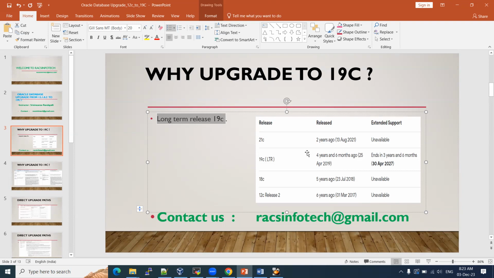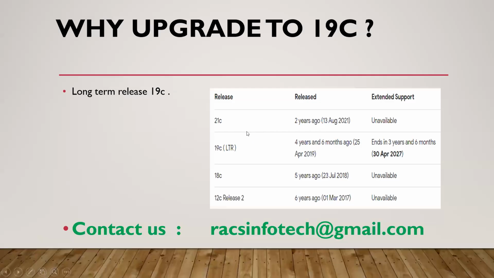If you are getting any software-level issues, or unable to access some core functionalities, you have to get support from Oracle. If you are on lower than 19C database versions, you will not get that support because it has already expired. Or if you want a specific product support, you have to pay a lot of money for it. So it is a burden to the business, right? That's where we need to go for 19C.